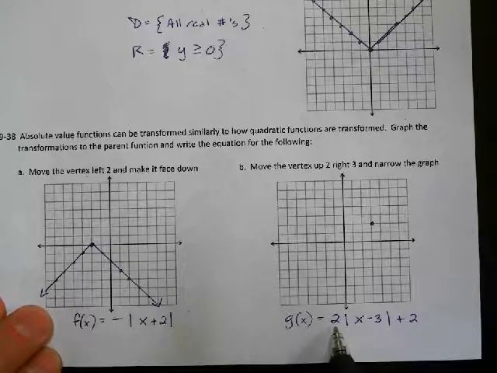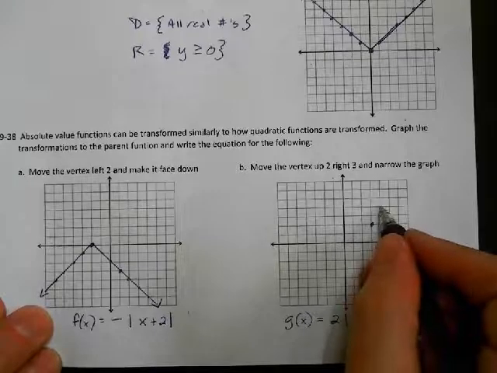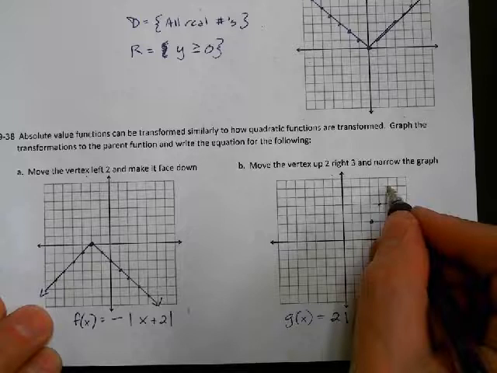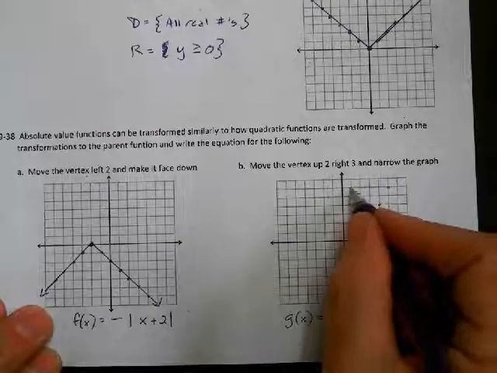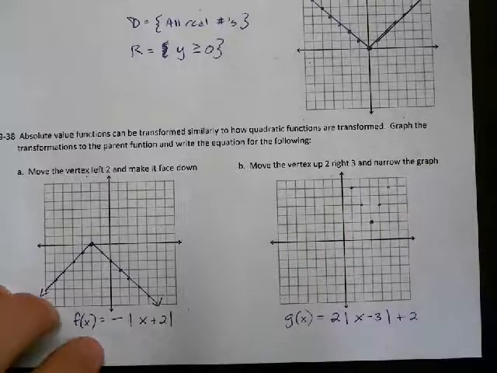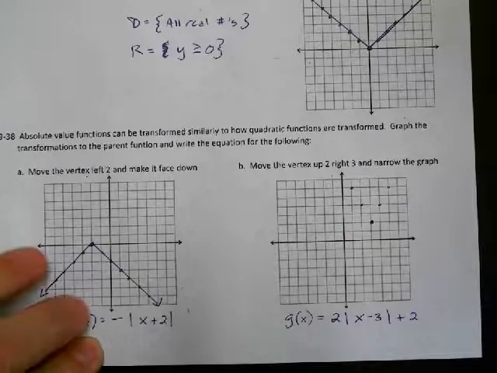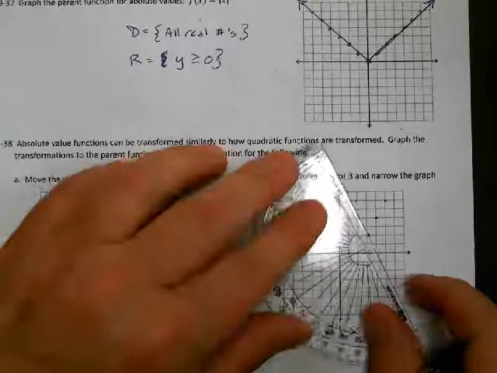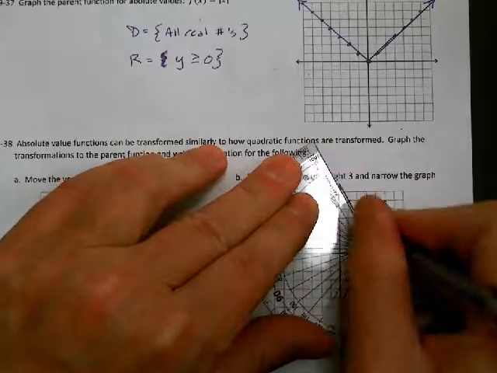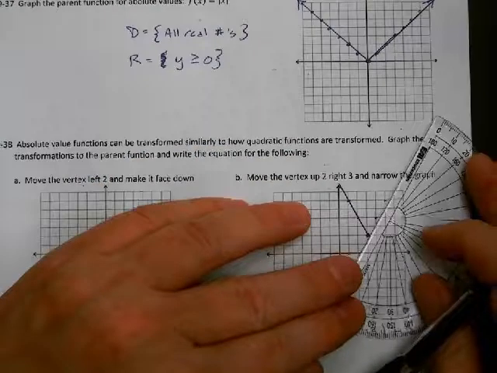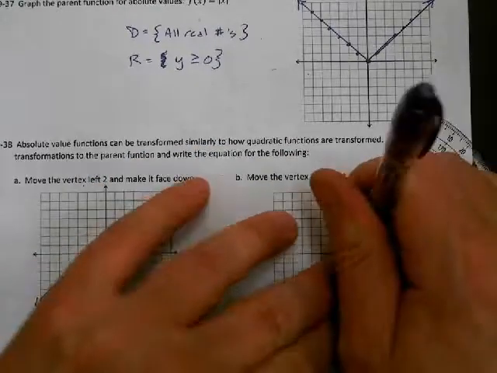So here I would go up 2 and over 1, up 2 and over 1. Over on this side, I go up 2 and backwards 1, up 2 and backwards 1. So there's our V shape, and we can see, just comparing it to the parent function that's above, that this one is narrower, because we had that multiplier outside of the absolute value.